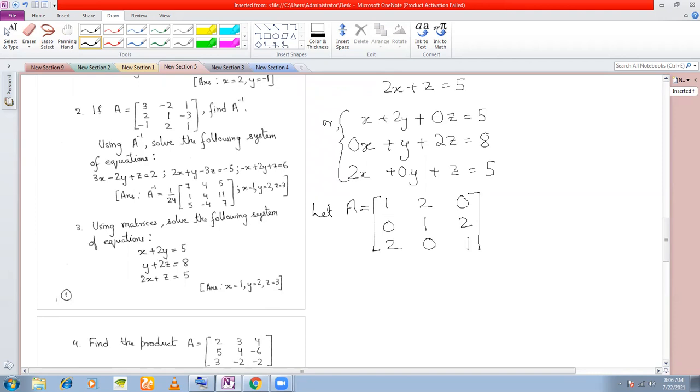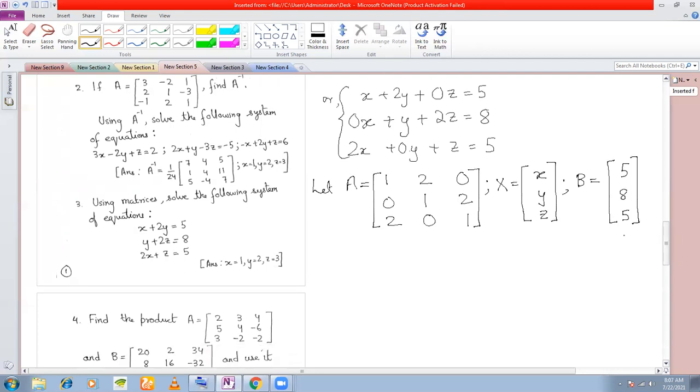This is a matrix formed by the coefficients of x, y, and z. Since there are three unknowns, we form the matrix X as column matrix with x, y, and z. And we form the matrix B as 5, 8, 5. That is the right hand side of the equations.